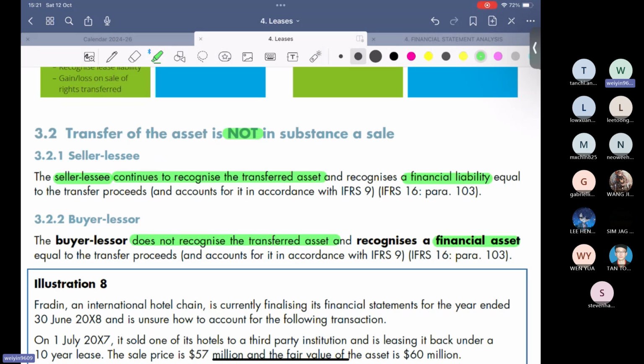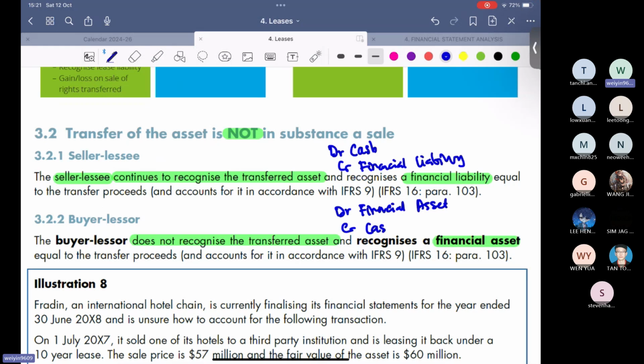So this one is quite simple. The first one: debit cash, credit financial liability. This one: debit financial asset, then credit cash.